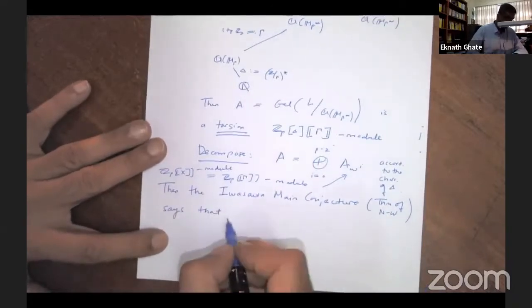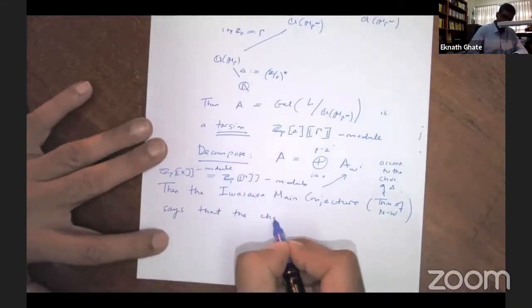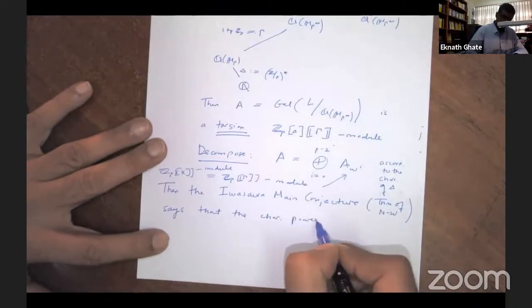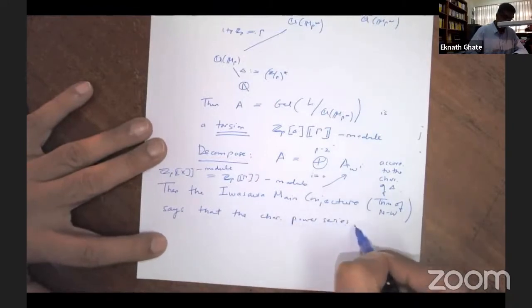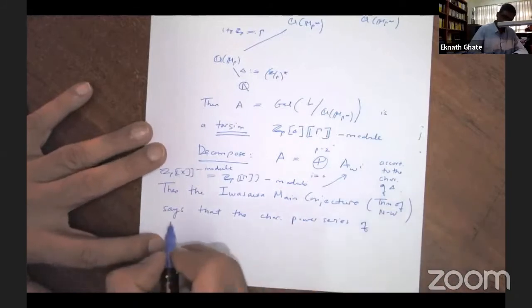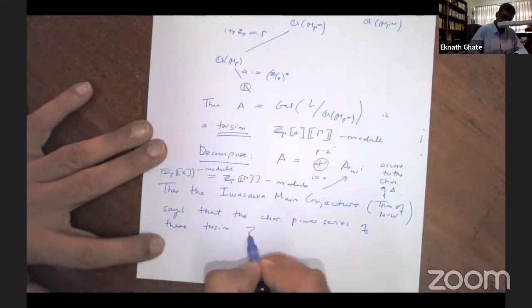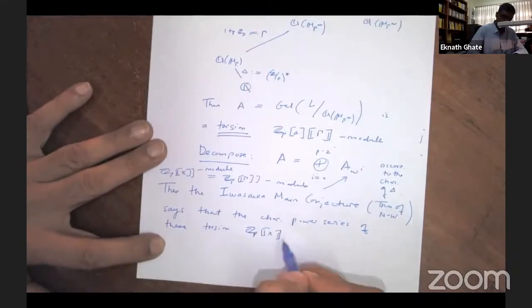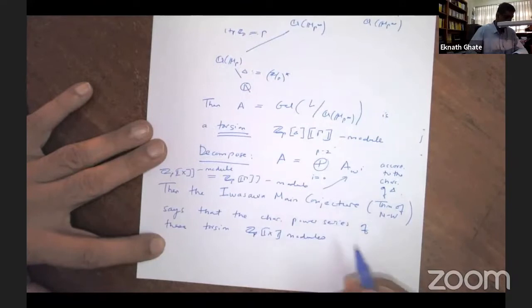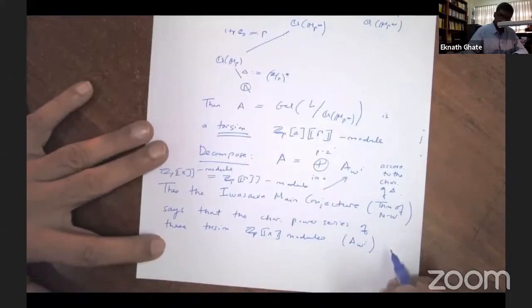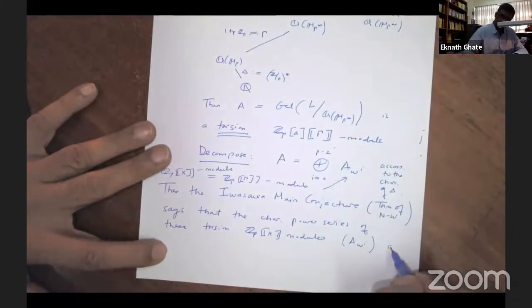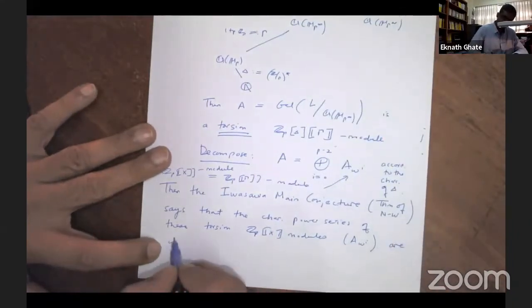It says that the characteristic power series of these torsion modules, these A_omega^i, are closely related, I want to say exactly, but I'm a little nervous because I did this S to 1 minus S thing.